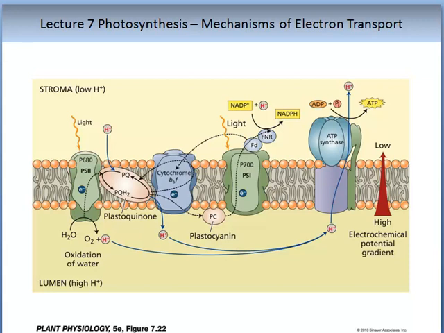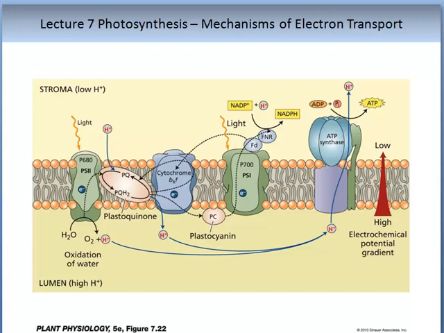The electrons from plastocyanin can be used by ferredoxin and FNR to produce NADPH from NADP+. Again, light is used in this process at 700 nanometers in photosystem 1.